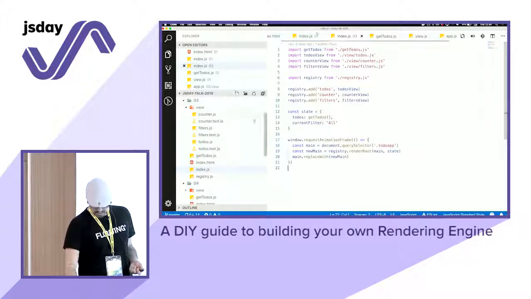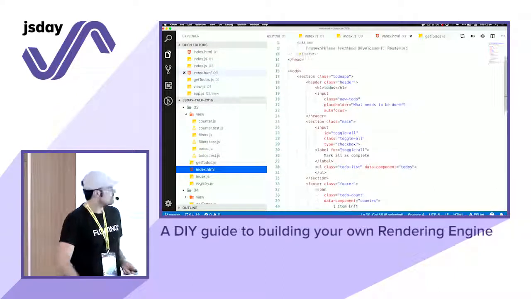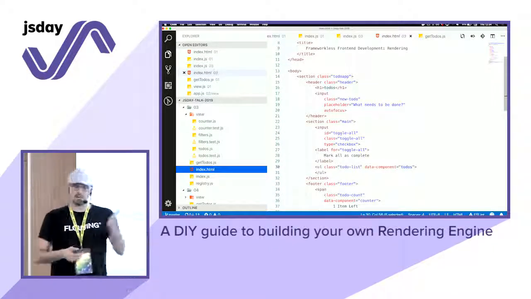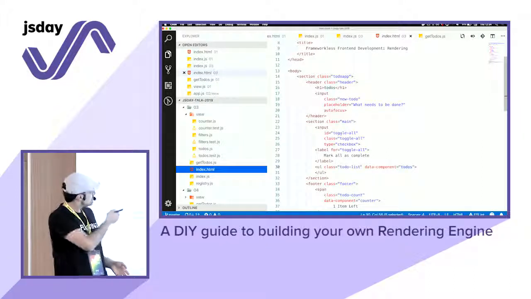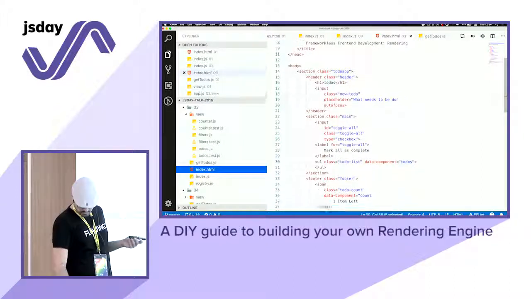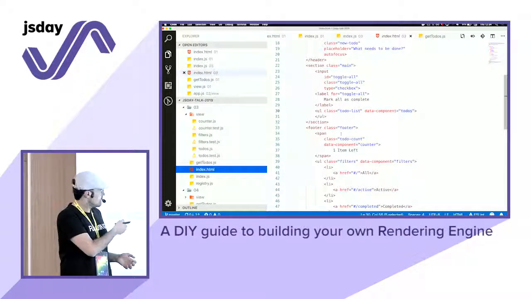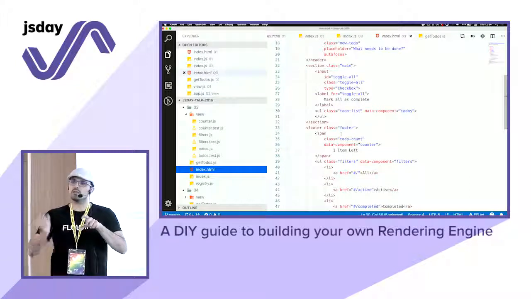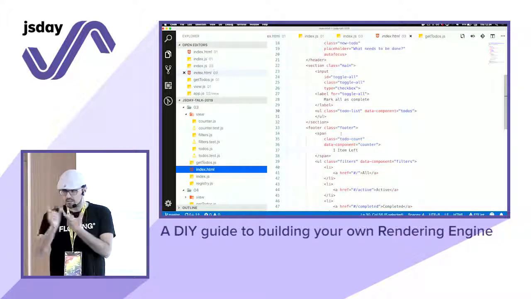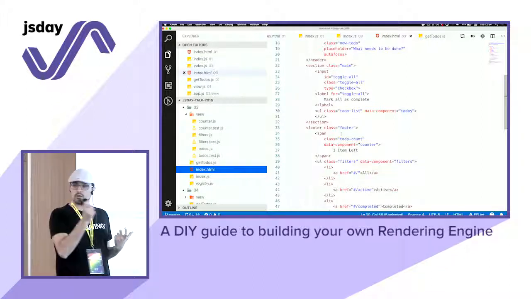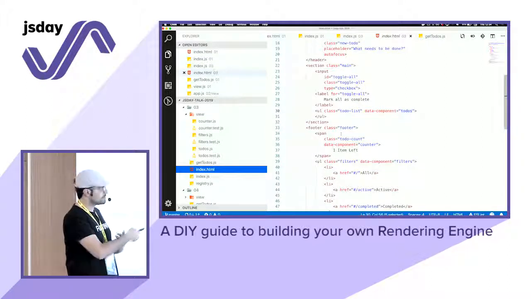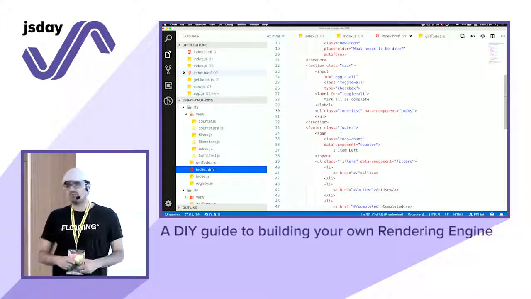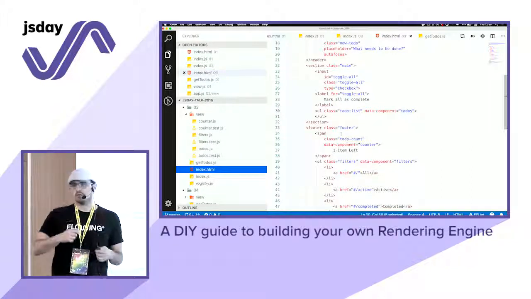So what happens is that this thing is cloned, then is traversed until they find to-dos, counter, and filters. Then for every one of its elements, they replace it with the connected component by this name. That's it. You just saw a first implementation of a rendering engine with a custom element registry.